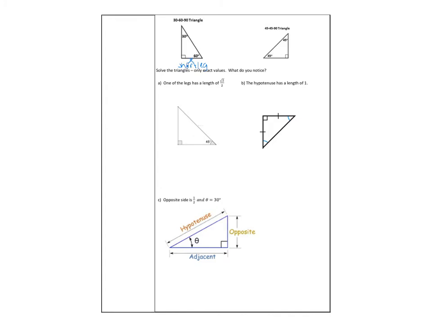To get the hypotenuse, we take our short leg and multiply it by 2, so we can write 2x for the hypotenuse. The long leg, we take our short leg and multiply it by the square root of 3, so this will be x times square root of 3 for our long leg.